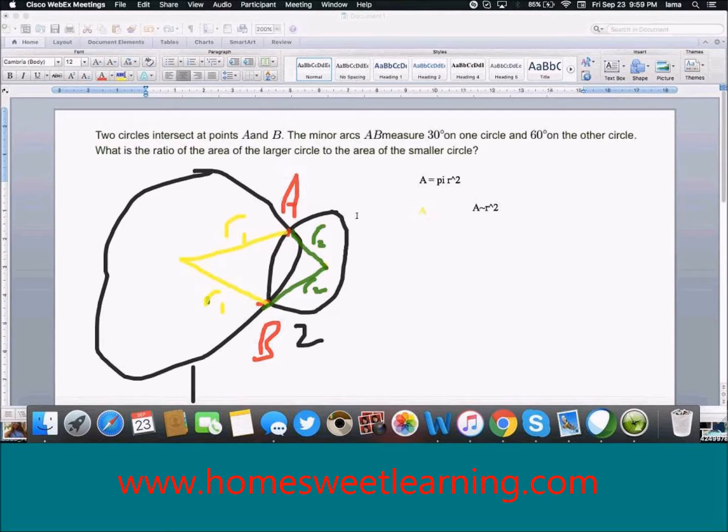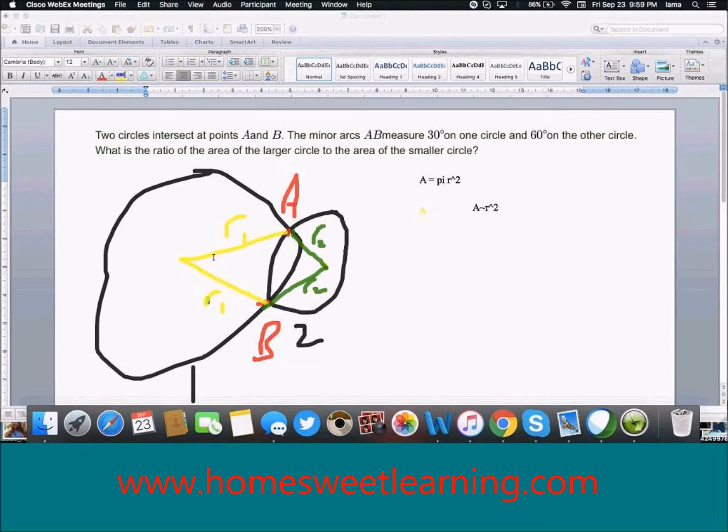So what we want to do is find some comparison between R1 and R2. And if we can find some ratio to compare R1 to R2, we can find the ratio between the areas of circle 1 and circle 2.